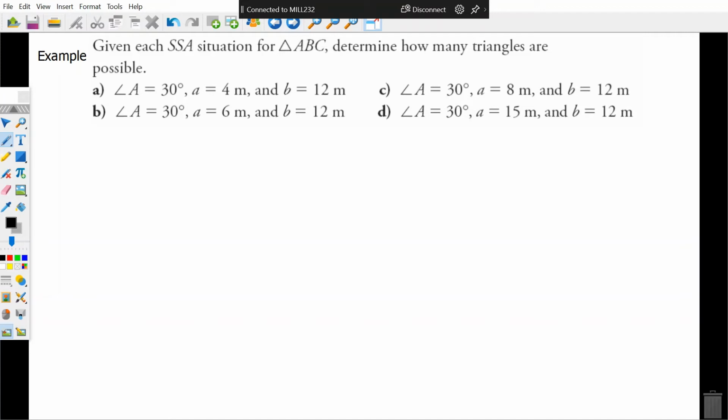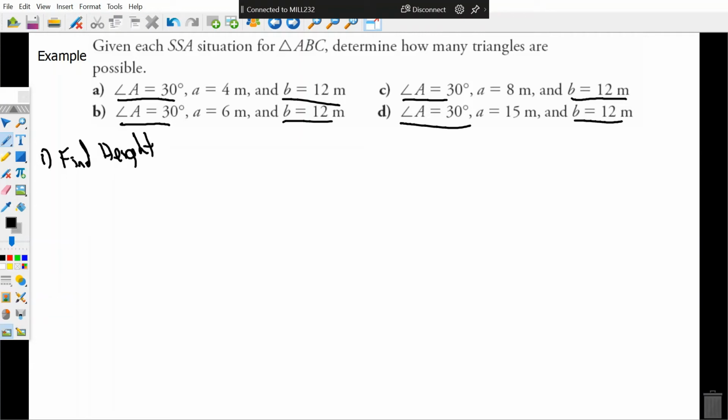So we can see all of these triangles have angles of 30, and the B side, the length of B is 12. So step 1 is to find the height. Let's try and find the height of this triangle.